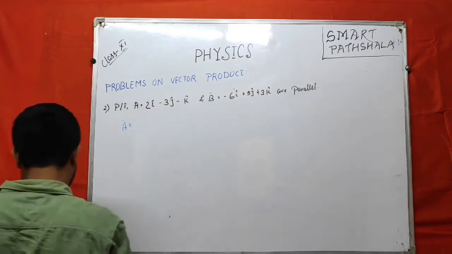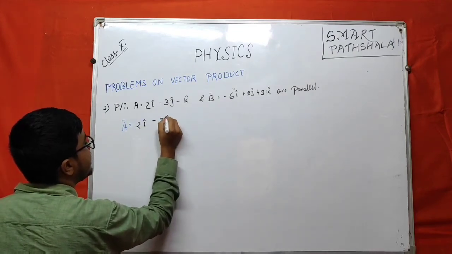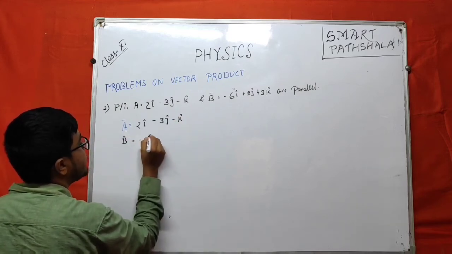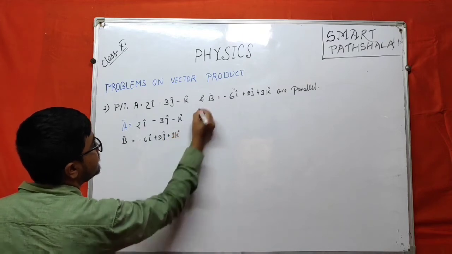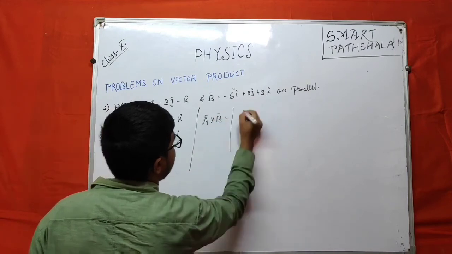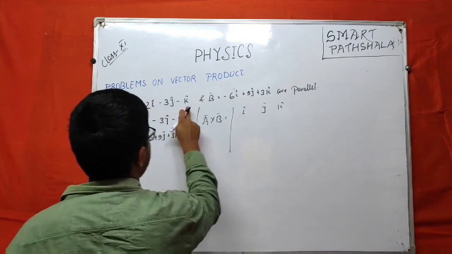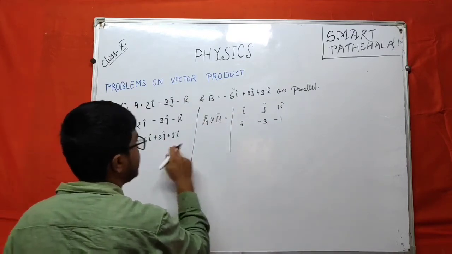We are given a vector equal to 2i cap minus 3j cap minus k cap, b vector equal to minus 6i cap plus 9j cap plus 3k cap. Find a cross b, arranging them in determinant form: 2, minus 3, minus 1; minus 6, 9, 3.